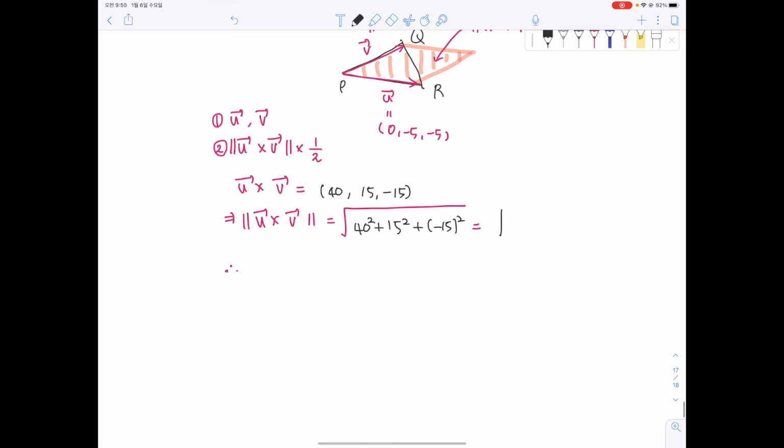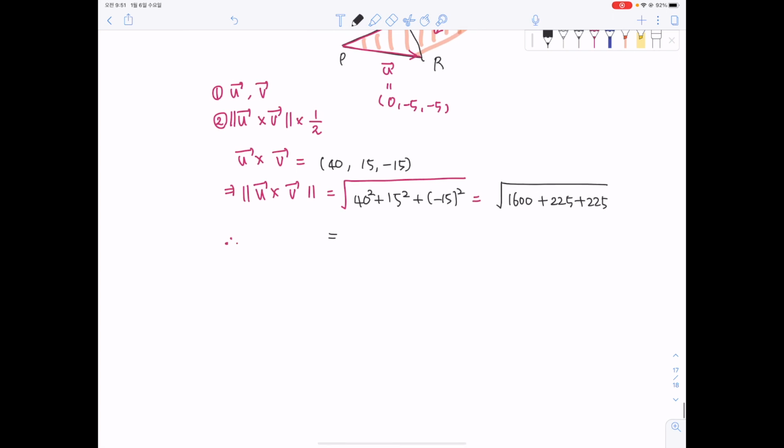Okay, we can do it. It is 450, and so it is, yes.